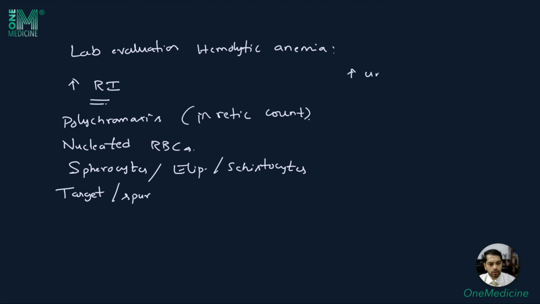Increased levels of unconjugated bilirubin can be seen. Increased lactate dehydrogenase will be seen. Elevated plasma hemoglobin levels due to RBC rupture and leakage of hemoglobin into the plasma can be seen.